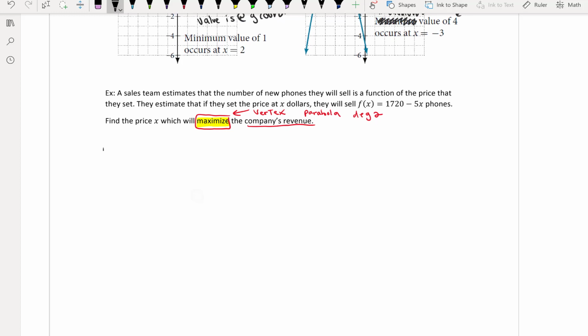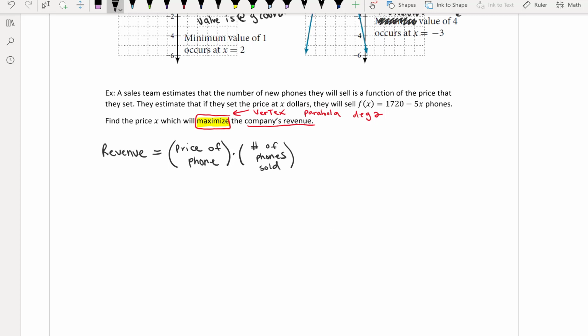If I'm going to have revenue, for this particular example my revenue is going to be the price of the phone, multiplied by the number of phones sold.